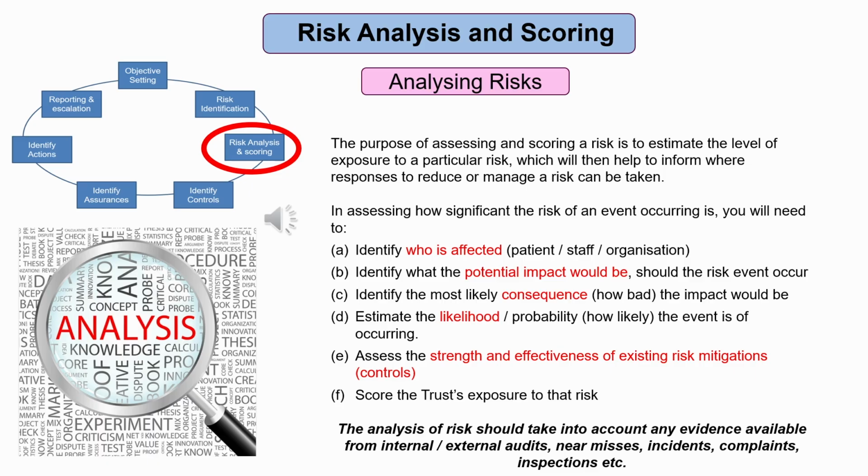Estimate the likelihood or probability, so how likely the event is to occur, and score the Trust exposure to that risk. The analysis of risk should take into account any evidence available from internal or external audits, near misses, incidents, complaints, inspections, and so on.